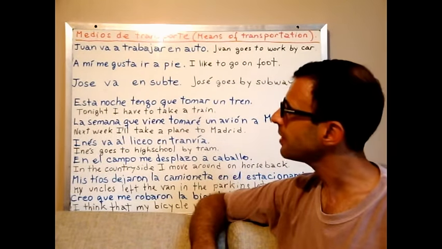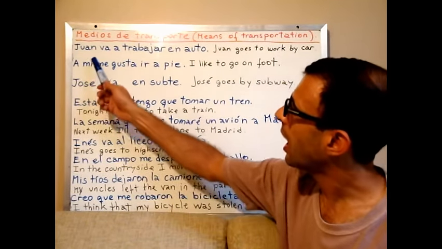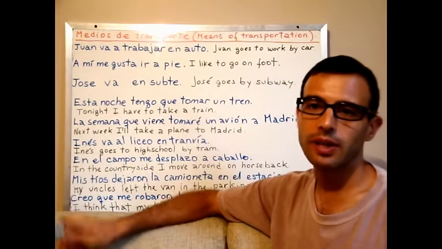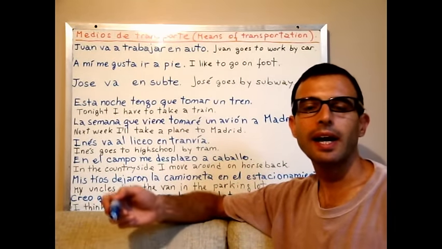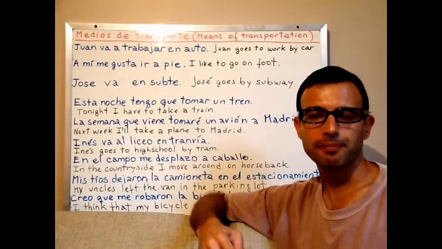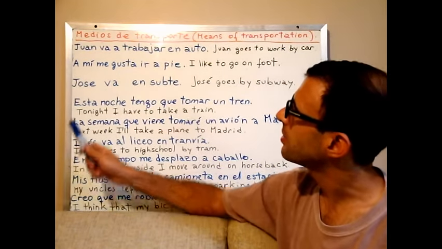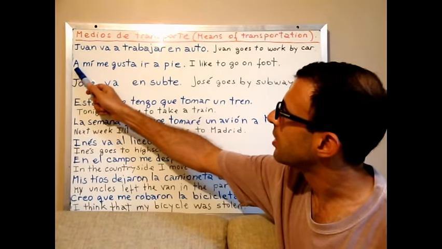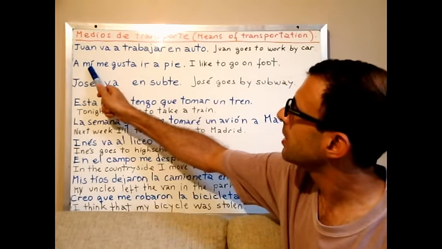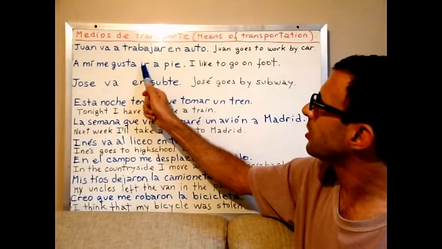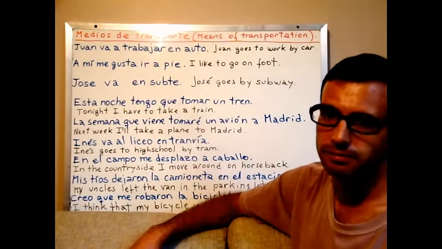This means that how we use the verb gustar would be like this: to myself. This means, to me, I like going on foot.